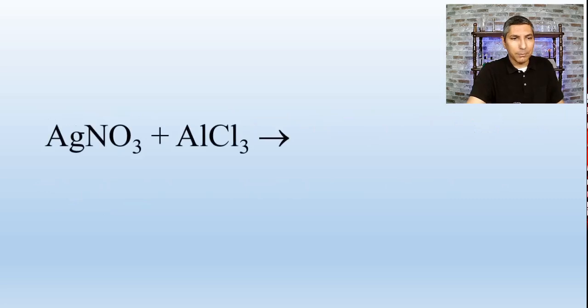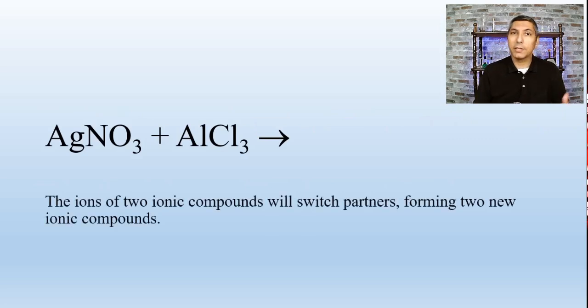Let's try another example. Here we have silver nitrate being added to aluminum chloride. And once again, the same rule is going to prevail here. In most of these double replacement reactions, the ions of those 2 ionic compounds will switch partners, forming 2 new ionic compounds.